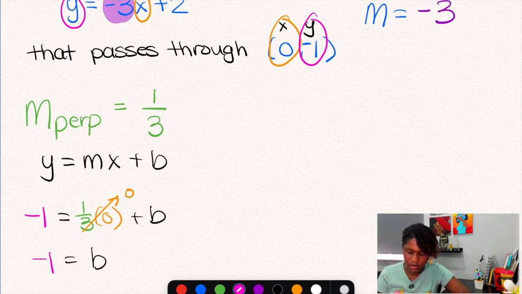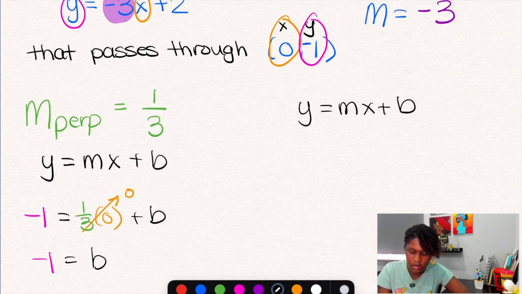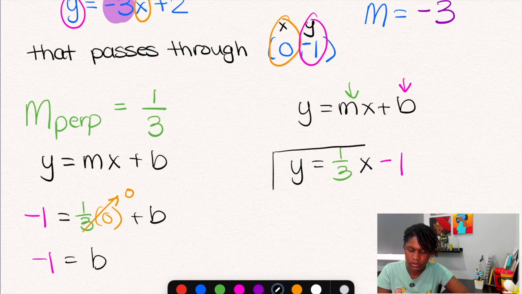That's actually kind of fast. And then we have to do that last step. Don't forget to plug in what you got. So that means plug in our b and plug in our slope. y equals 1/3 x minus 1. And that's our final answer.